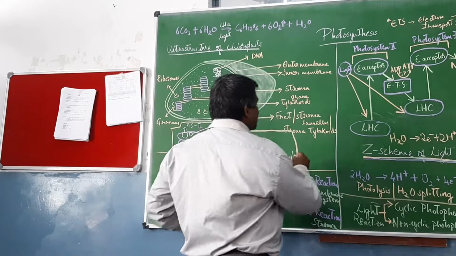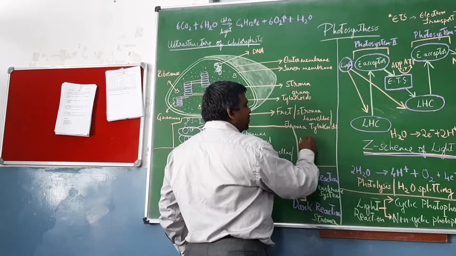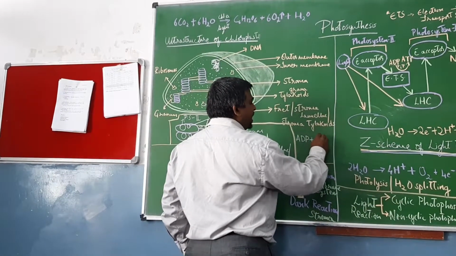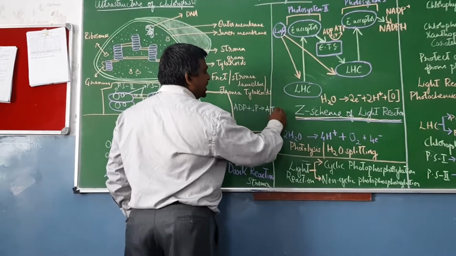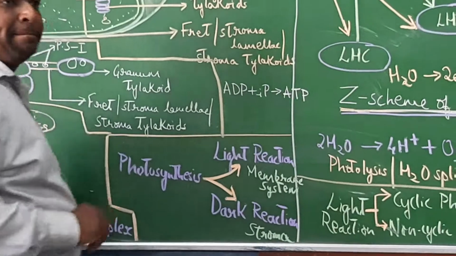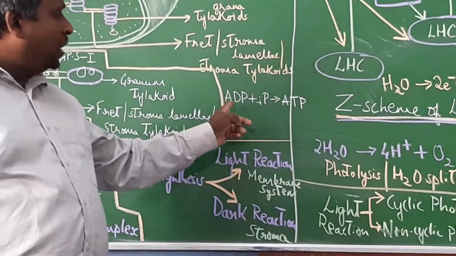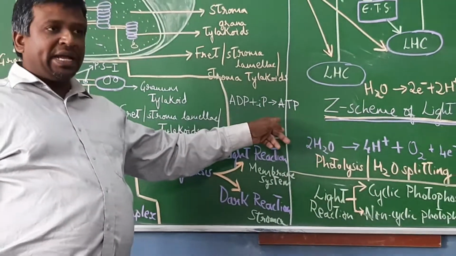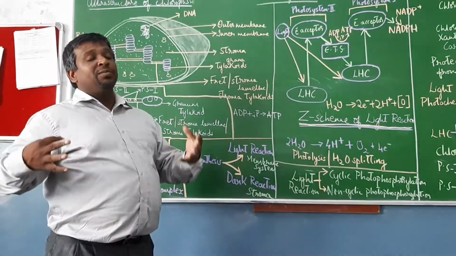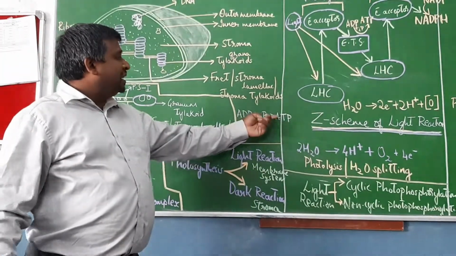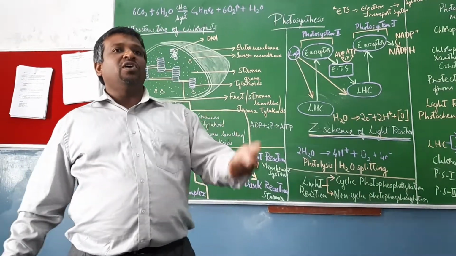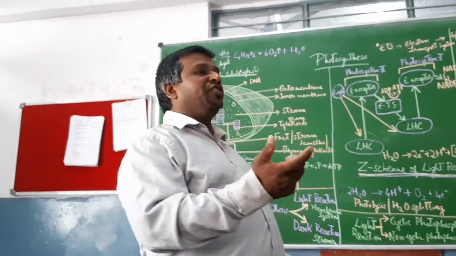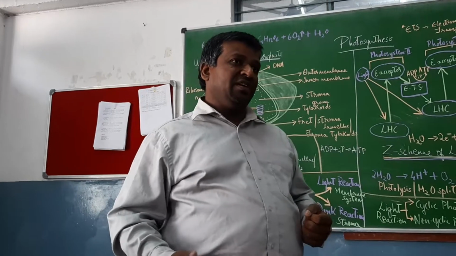What do you mean by synthesis of ATP? ADP plus inorganic phosphate are going to combine in presence of high energy to form ATP. For this bond to be formed between ADP and inorganic phosphate, a large amount of energy is required, and that is how ATP is formed. So whenever you are talking about photophosphorylation, it is synthesis of ATP in presence of light.